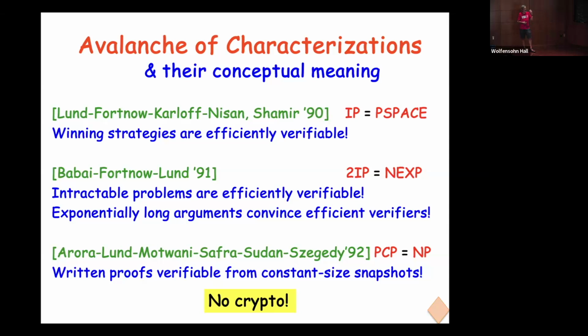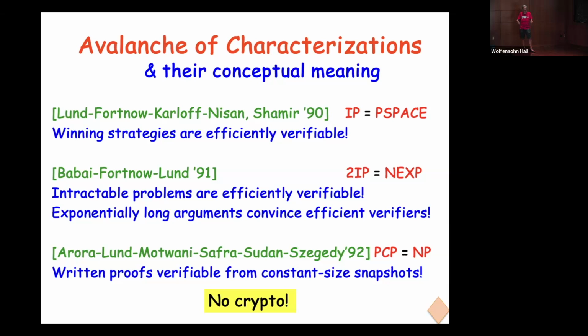But not only did we understand, in acronyms, what they meant, each of these theorems has a strong conceptual meaning. I mean, IP equals PSPACE means you can prove not only statements of the form "there exists something" like NP. It can prove optimality of strategies in games.